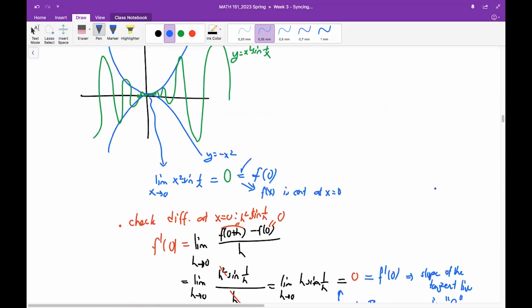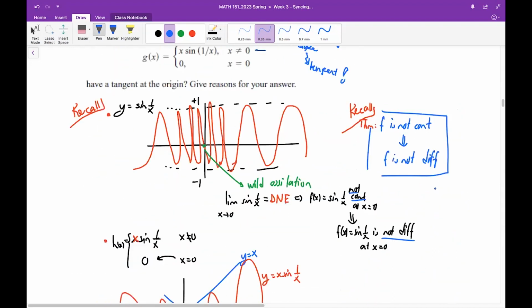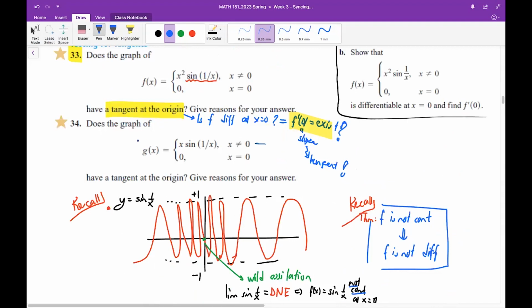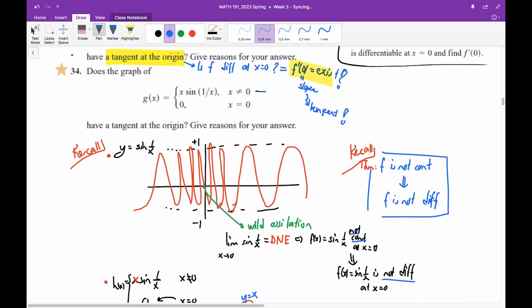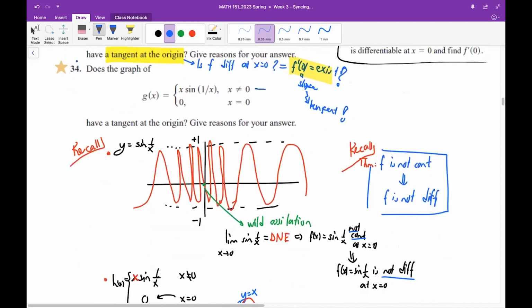So we answered the question. The question was, does this function have a tangent line at the origin? We computed the first derivative and found the slope as 0, which means there is a well-defined slope, a well-defined tangent line. Even though it is a very special tangent line with slope 0, it is a horizontal one. So let's move on. Any questions about this solution?